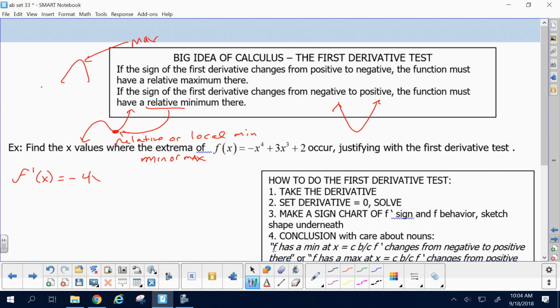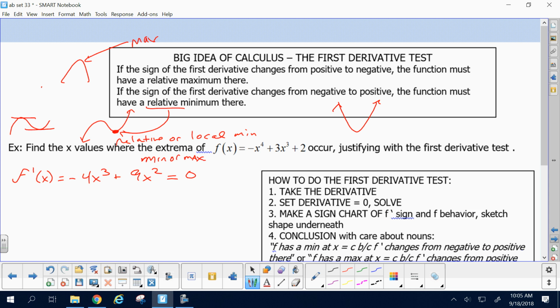Negative 4x cubed plus 9x squared, okay? Now, we're going to proceed on to that and find where did the graph go flat? Because where the graph goes flat is a darn good possibility for a minimum or max. We find where the graph goes flat by setting the derivative equal to 0.